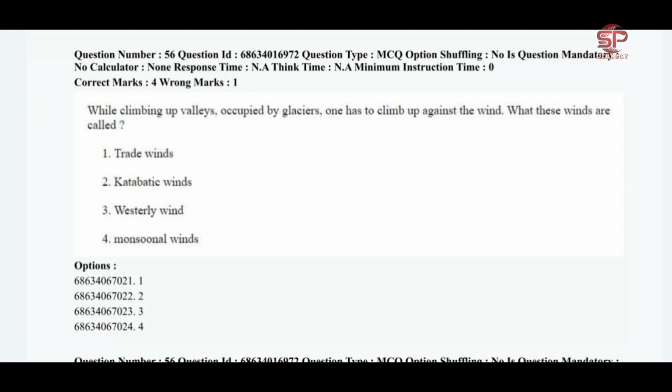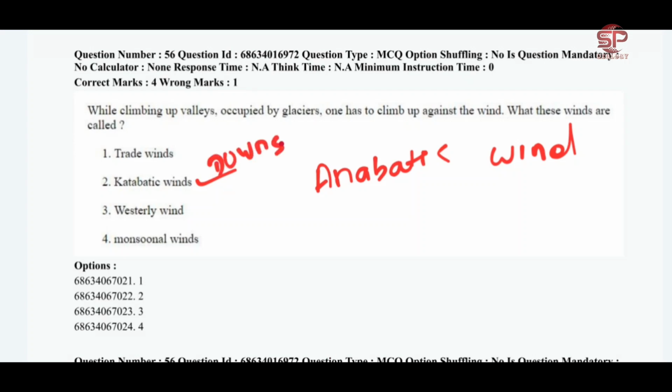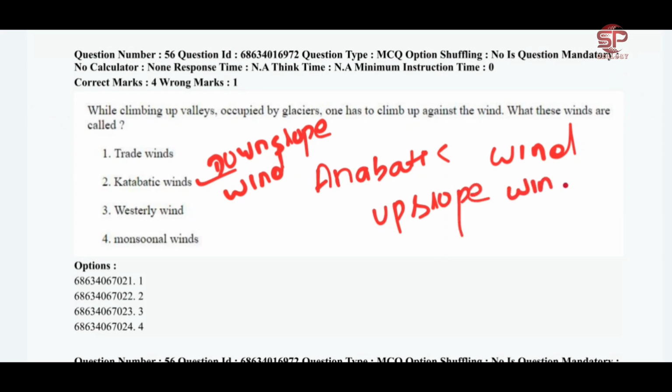So there are two types of wind. One is katabatic wind. Another is anabatic wind. Anabatic winds are upslope winds, and katabatic winds are downslope winds. Katabatic flows from higher elevation to lower elevation, and anabatic is from lower elevation to higher elevation.